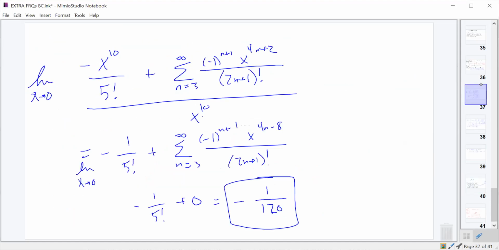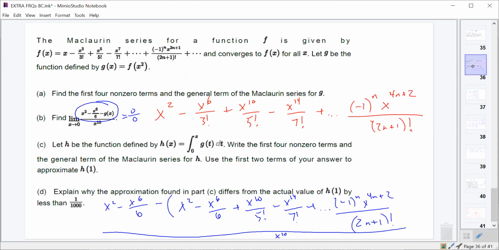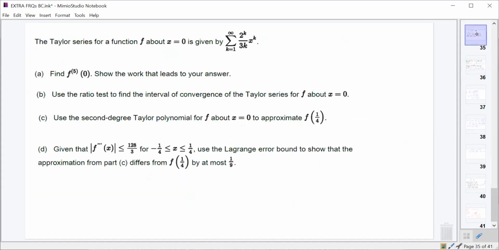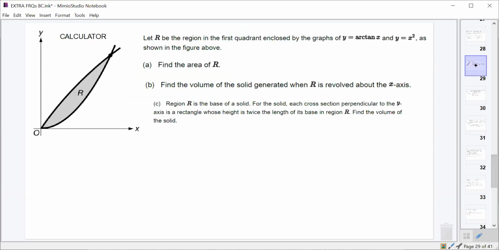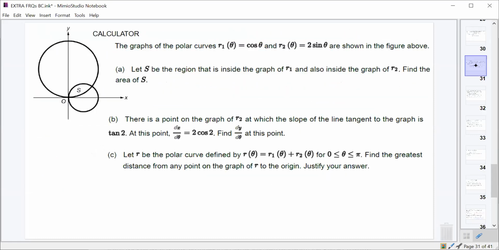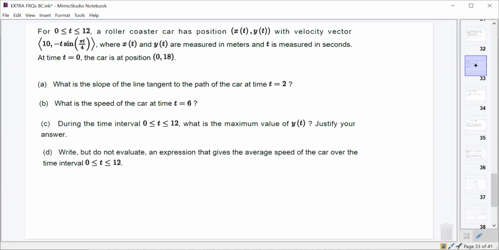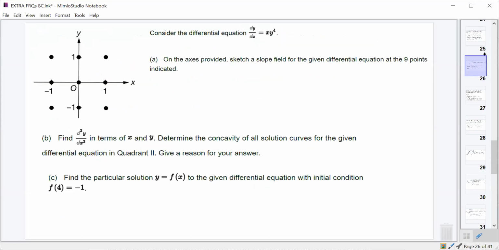Yeah, we can do a partial fraction decomposition one, PFD, or an improper integral one. Yeah, we can do that, and then we'll come back and do another series one. Let's see here. I got some of those in here.